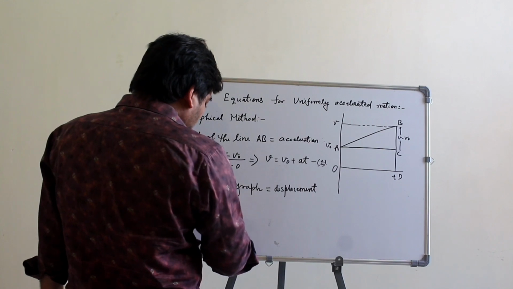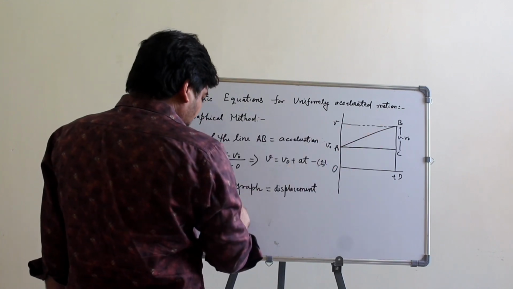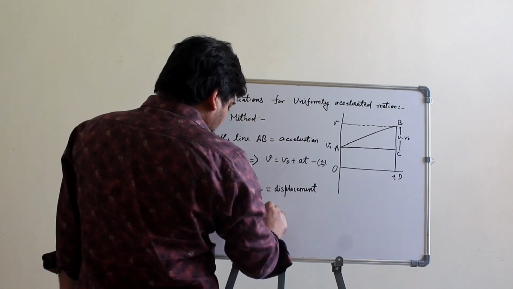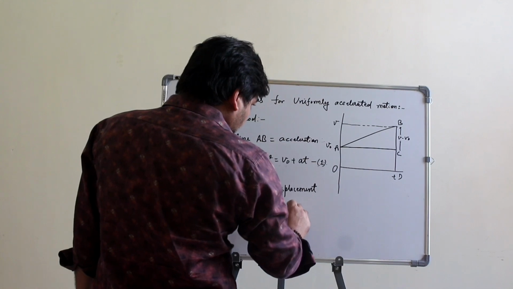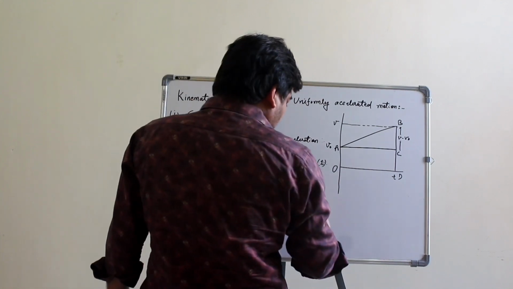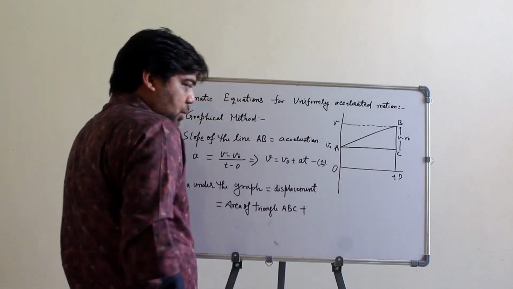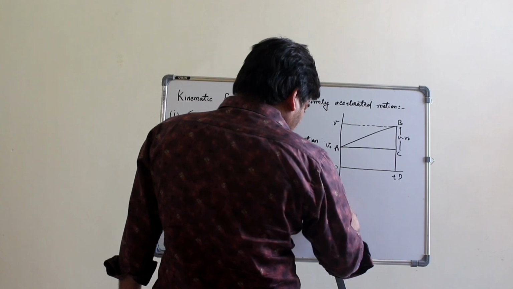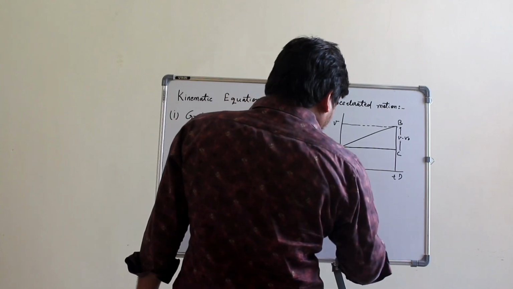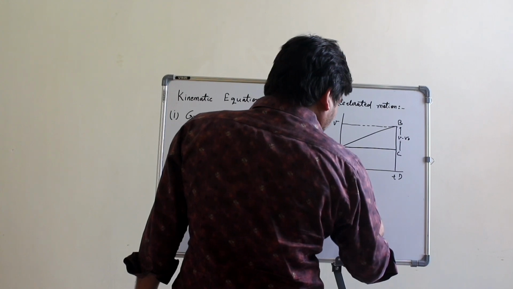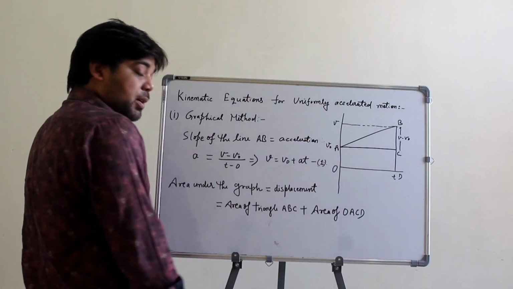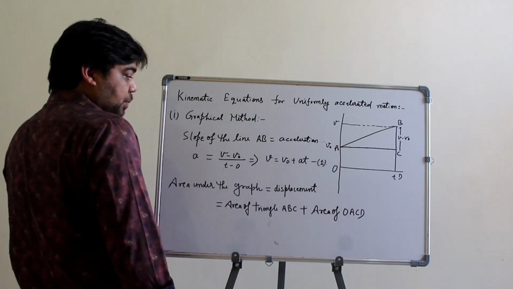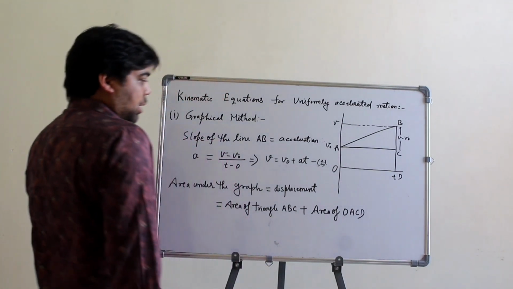It is the area of triangle ABC plus the area of this quadrilateral OACD, right? So you have the area of triangle ABC and the area of OACD, which is a quadrilateral.